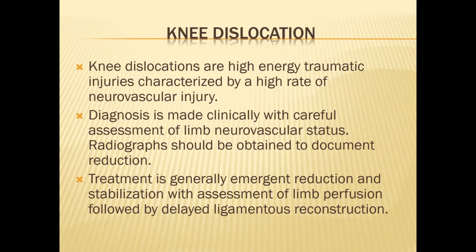There is a deformity of the knee joint, and the patient will be unable to stand or walk, and cannot bear weight. We should do radiological imaging. We should ask for an X-ray, AP and lateral view. If there is any doubt about fracture involvement, we should do a CT scan also.